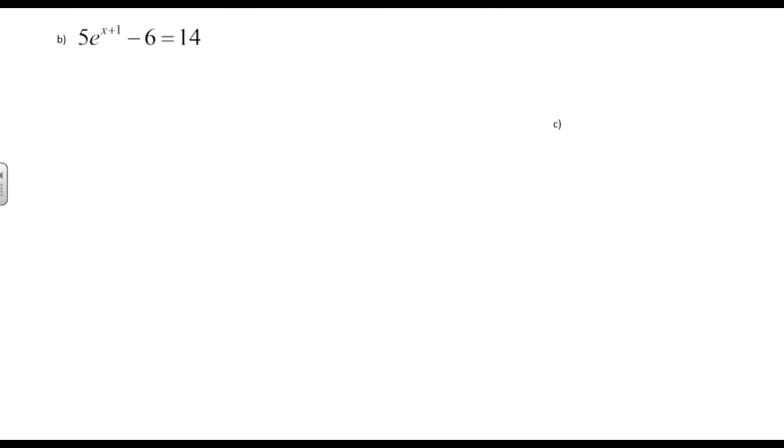This example is an exponential equation. In this problem, my exponential is e to the x plus 1. Now, because there's only one exponential in this problem, I can't just drop the bases from each side and solve the exponents. So again, I'm going to have to isolate this exponential expression and then change from exponential form to log form to solve for x.